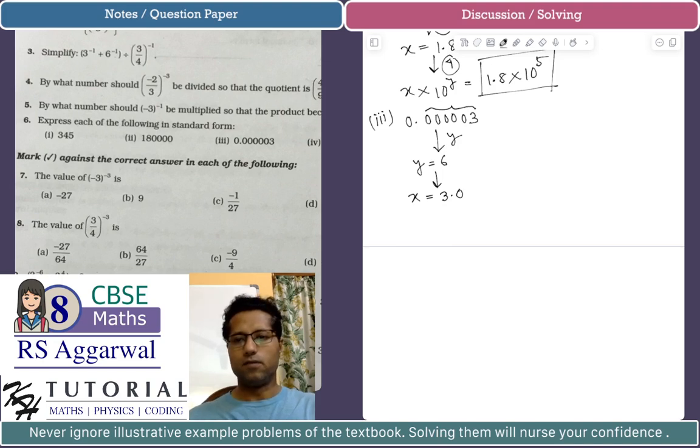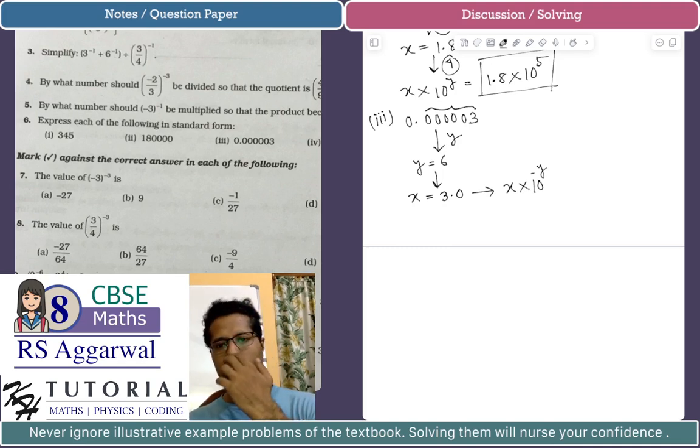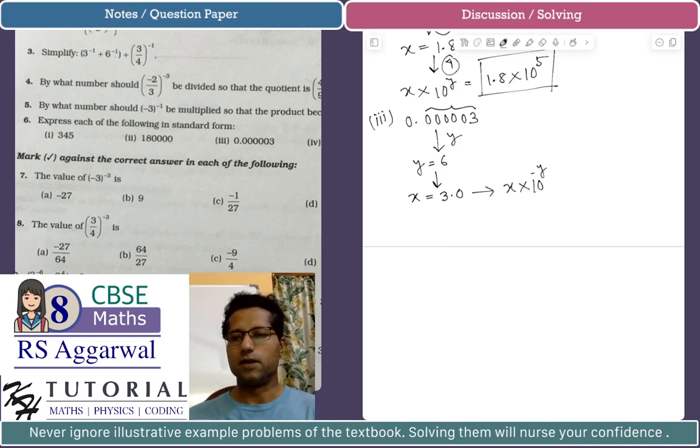So the standard form will be x multiplied by 10 to the power minus y. It is minus y, since we are converting a very small number to standard form. So this will be equal to 3.0 into 10 to the power minus 6. So this is the number in standard form.